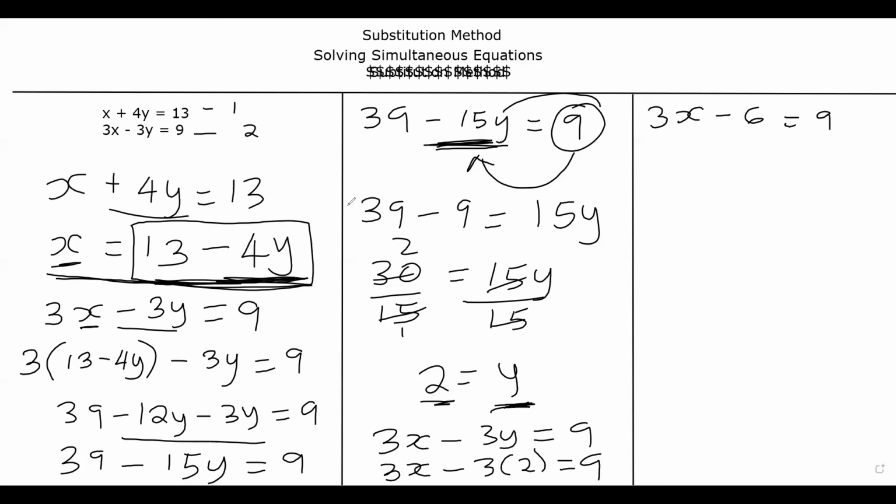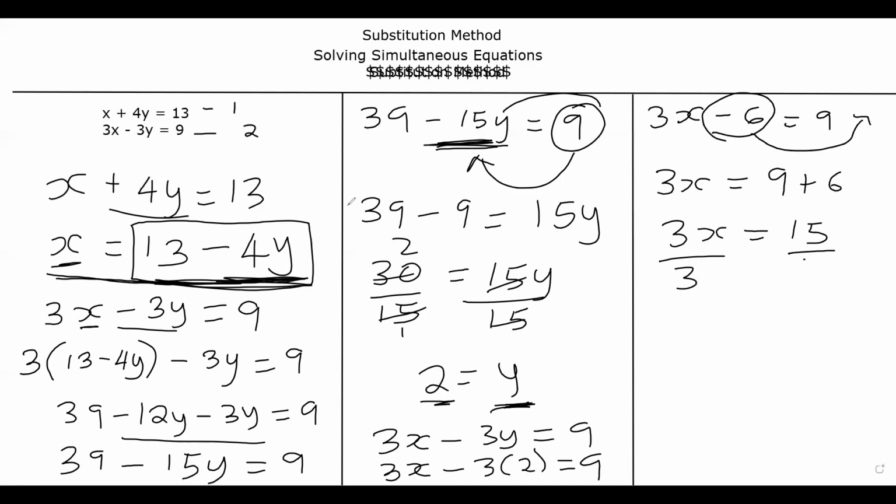Okay, so we take like terms on one side. So I take negative 6 to the other side, it becomes positive 6. So we have 3x equals 9 plus 6. This gives us 3x equals 15, divide by 3 on both sides.